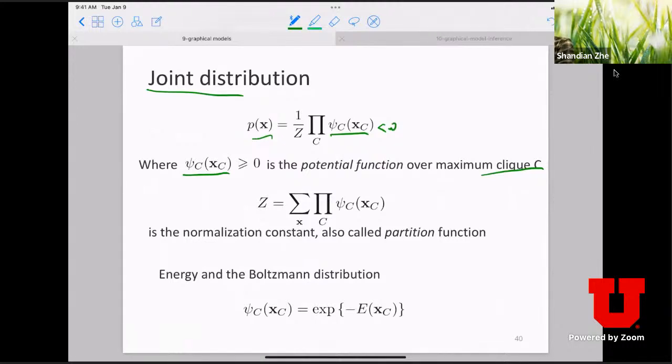And then the Z here is a normalizer, also called a partition function. It's similar to the definition in the exponential family. It's just a sum over all possible values of the random variables or nodes across this undirected graphic model, to normalize this product and ensure this is a valid probability distribution.